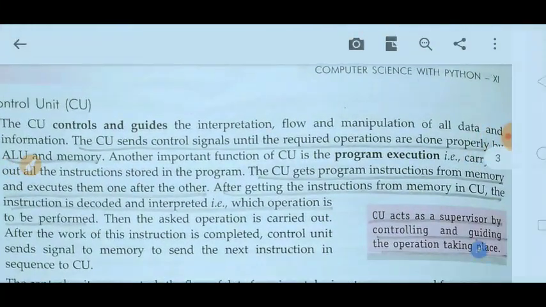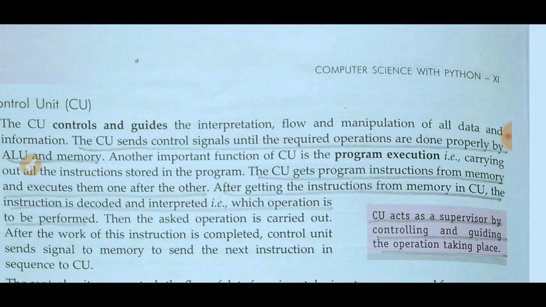One more line: the CU gets program instructions from memory, means everything we will get from the memory. Memory means either primary memory or secondary memory. If our data is stored in the secondary memory, first it goes to the primary memory, and from the primary memory the CU gets the instruction.